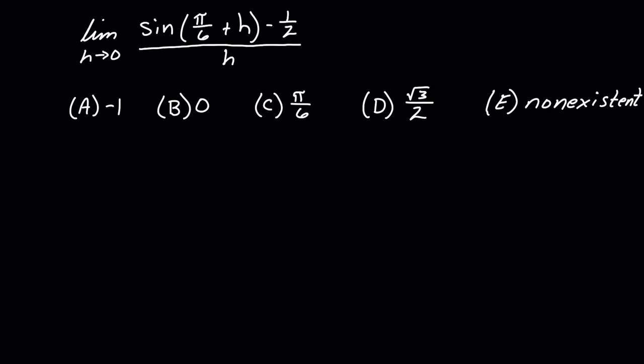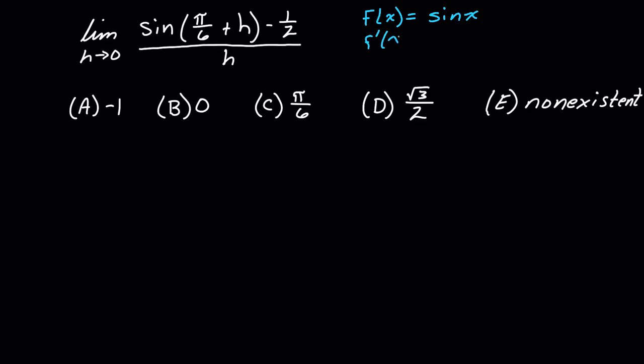All right, and our final example here. You may recognize this, hopefully you recognize this, as the definition of a derivative. This would be the derivative of the function sine of x. And so let's think about how we have worked this problem before. Before, we would recognize the function, write it down.